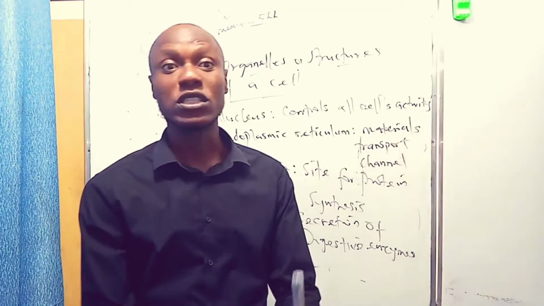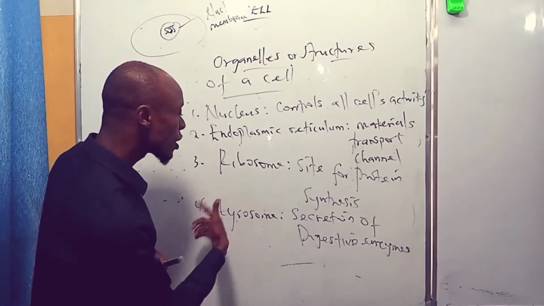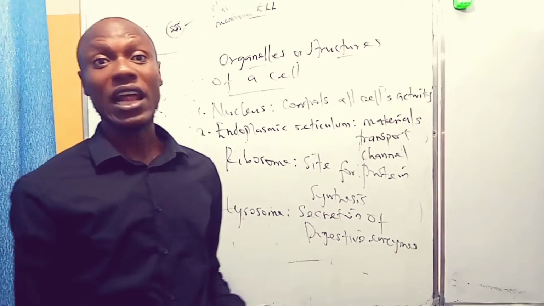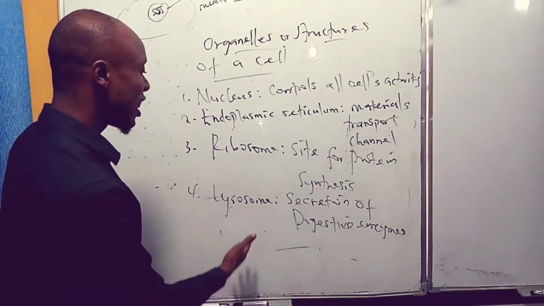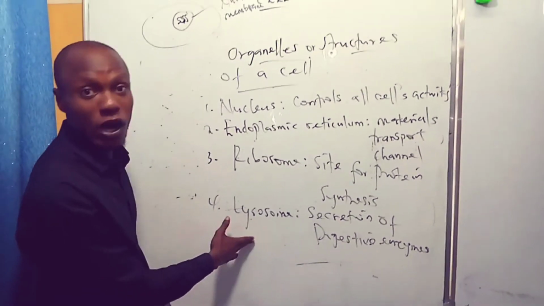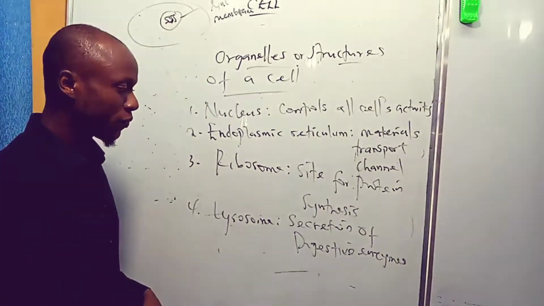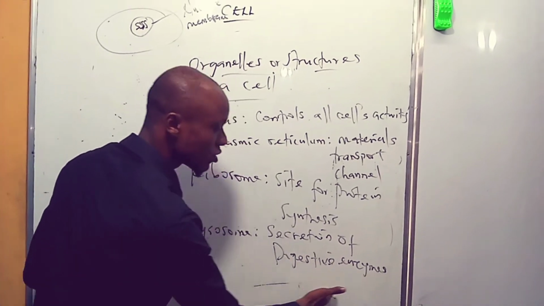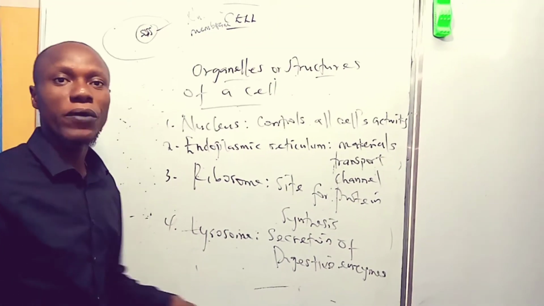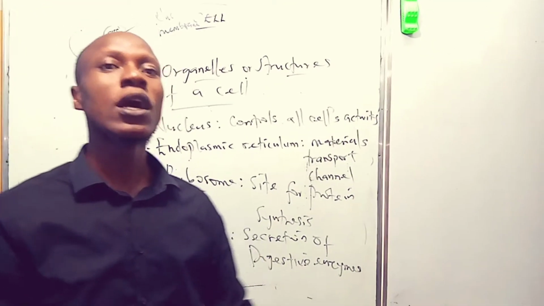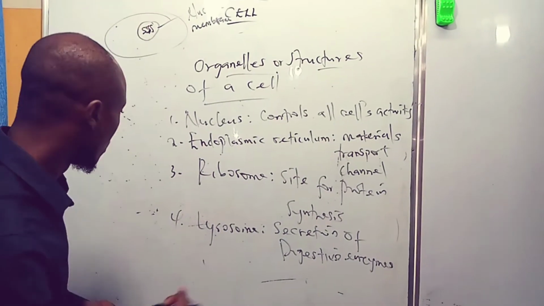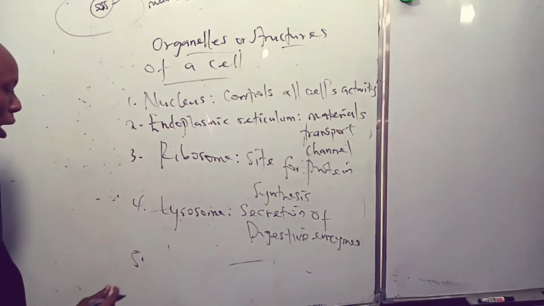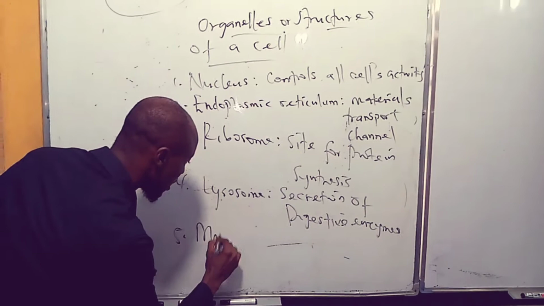Complex molecules to simple molecules, which the organism can actually what? Utilize. So therefore, the lysosome is a very important organelle in a cell, producing or secreting what? Digestive enzymes to break down complex molecules into what? Simple what? Molecules.